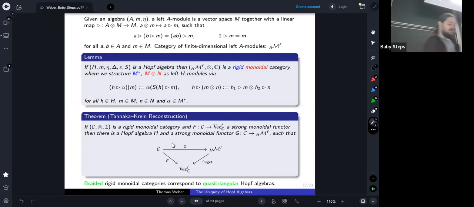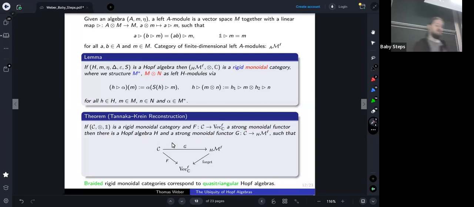So there's this very powerful theorem that tells us that basically also the other implication is true, up to some identification. You can say that basically any rigid monoidal category can be understood as left modules of some Hopf algebra. And how does this work? The theorem says: take a rigid monoidal category C, take some strong monoidal functor.